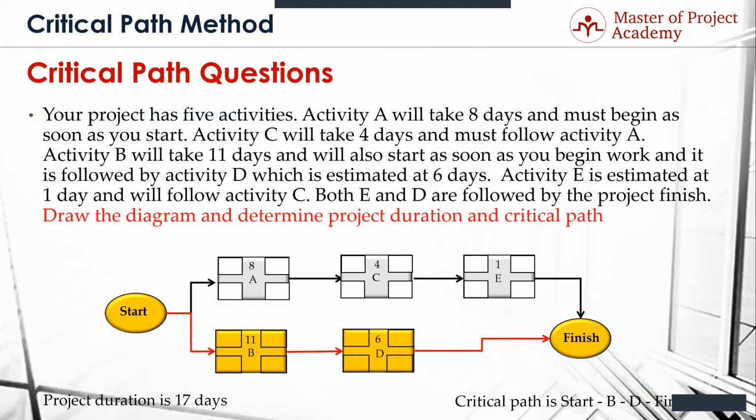And you calculate the bottom path instead of 17 days is 1,692 days. So you have to do the math, and you calculate the difference between those two, and you come out with, I don't know, 862. You don't have to do C and E because they're going to be the same, no matter what, as long as they're in that same pattern. Clear? All right, that's the basis of critical path.